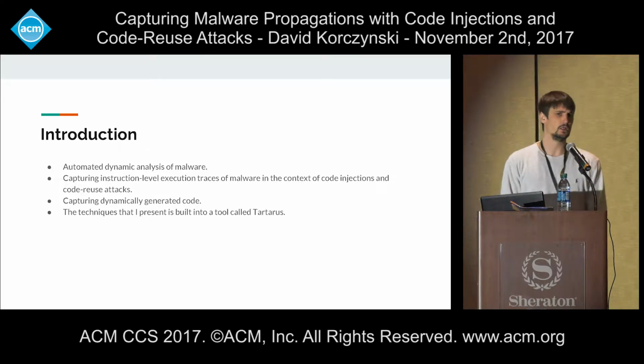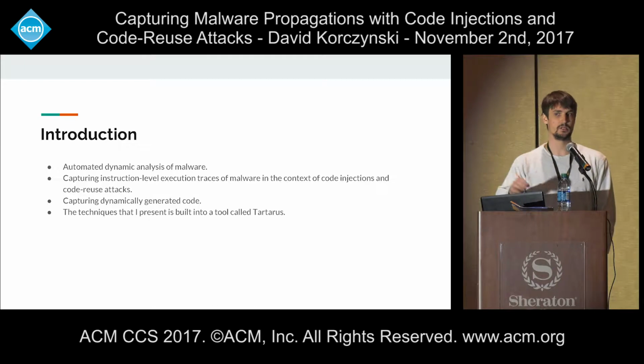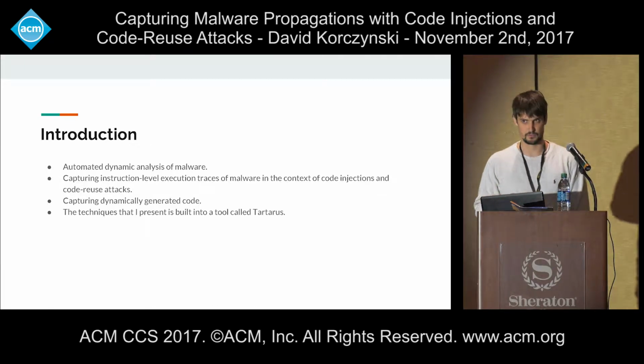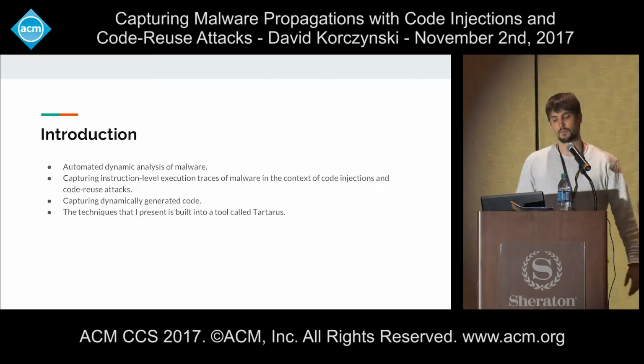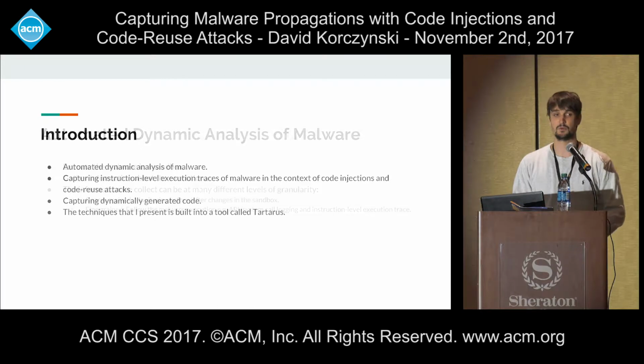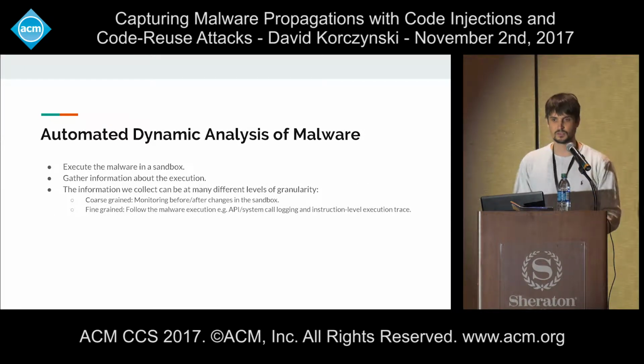So when I talk about automated dynamic analysis of malware, what I mean is you have some sort of sandbox where you put your sample in, you execute it, and you gather some sort of information. You can gather information at many different levels of granularity. You can have very coarse-grained information collection where you look at what the changes in the system are before execution and after execution.